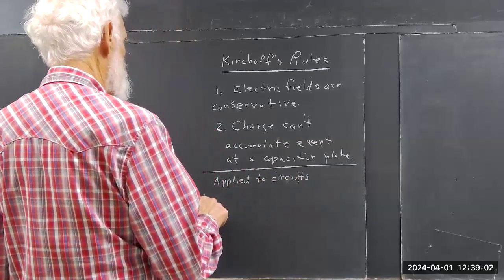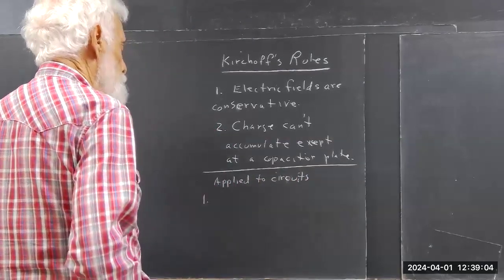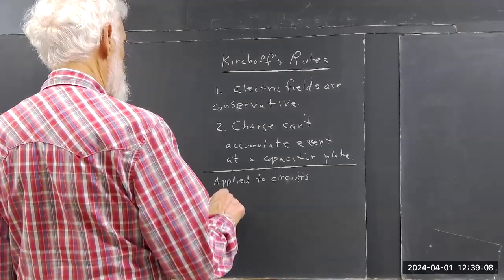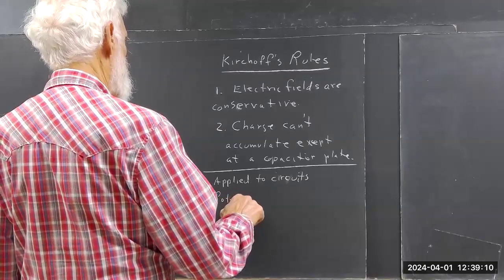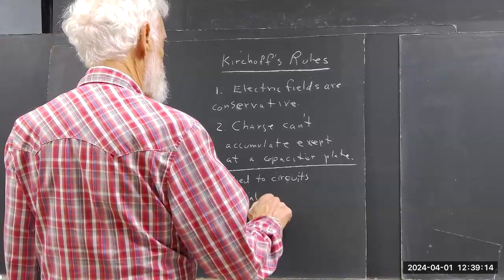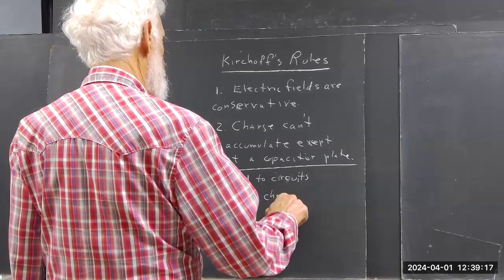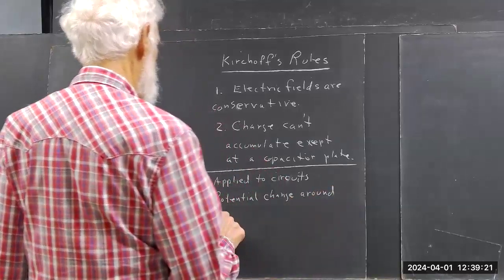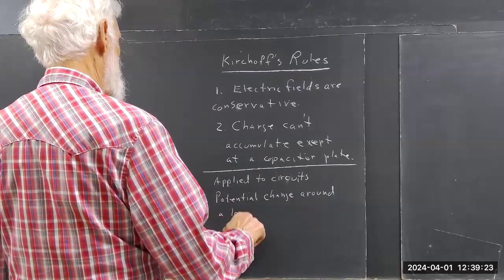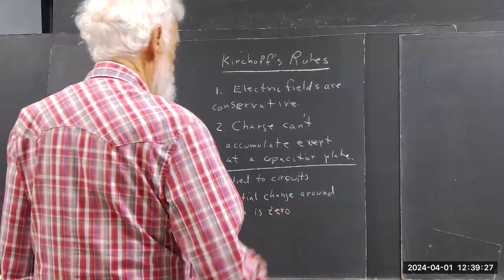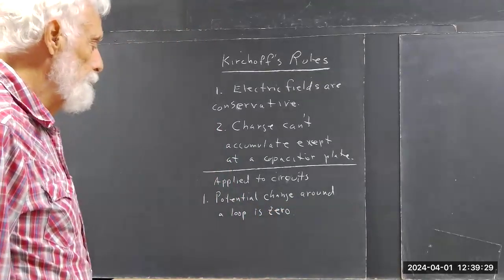Applied to circuits, the first law says that the change of potential around a loop is zero.